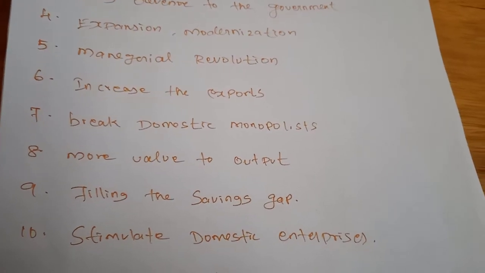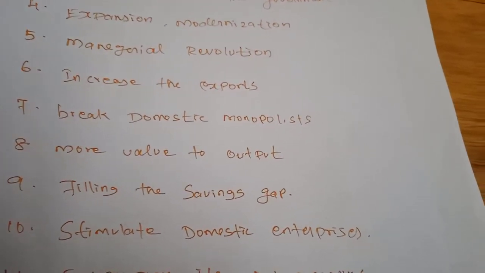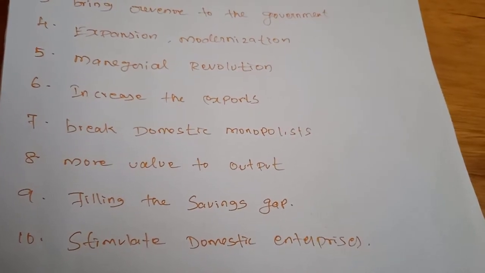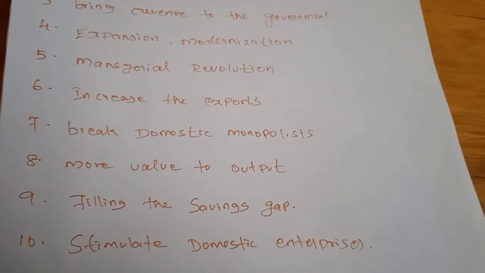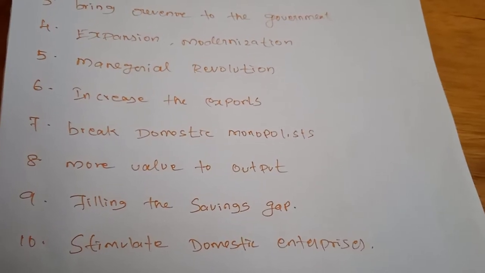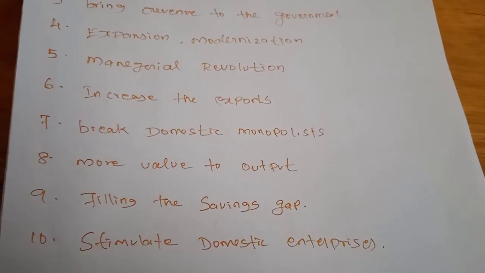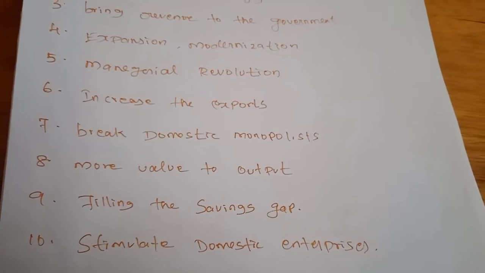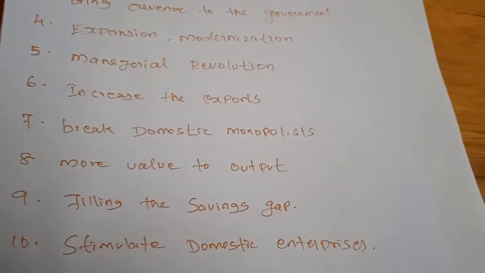Next, the more value of output. If foreign direct investment adds more value to output in the recipient's country than the return on the capital from foreign investment, then the social returns are greater than the private returns on foreign investment.